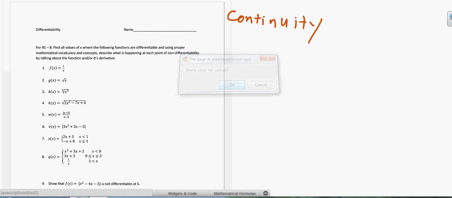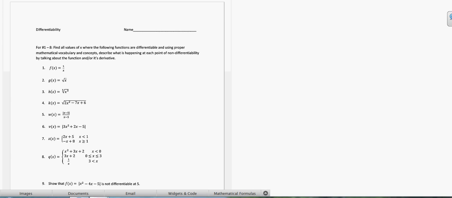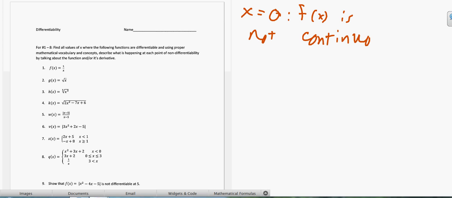So x equals 0 is a point of non-differentiability, and what's happening there is f of x is not continuous. That is one point.